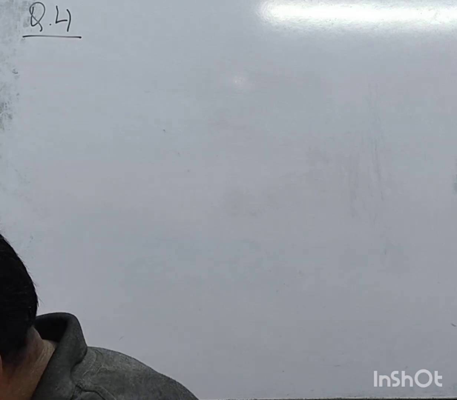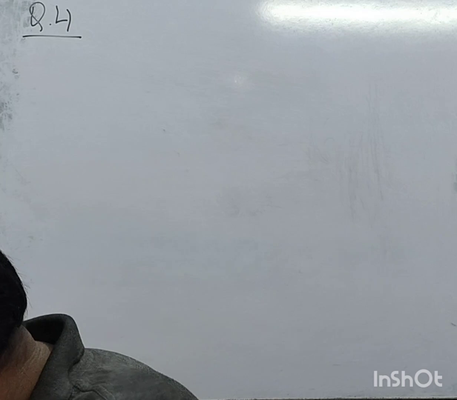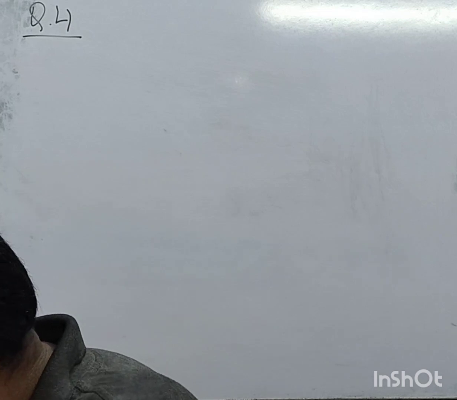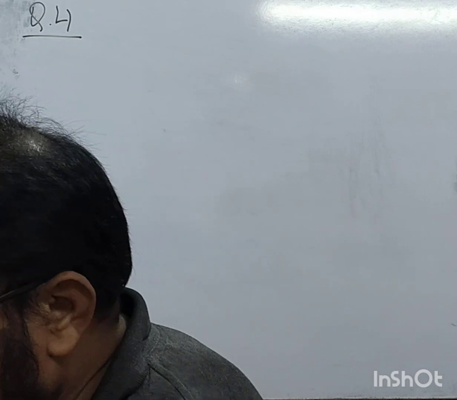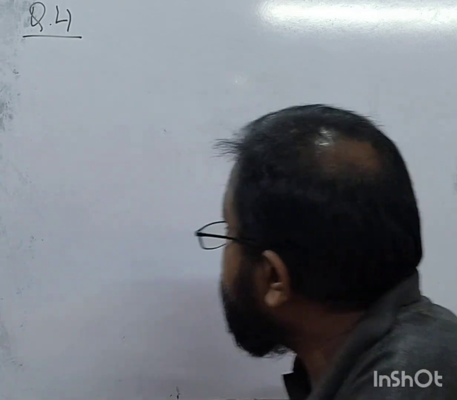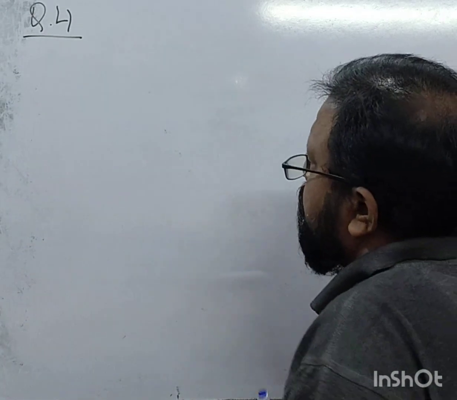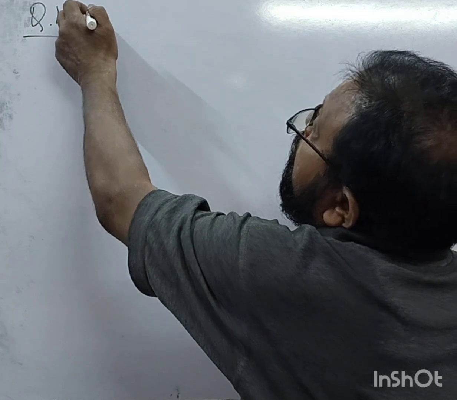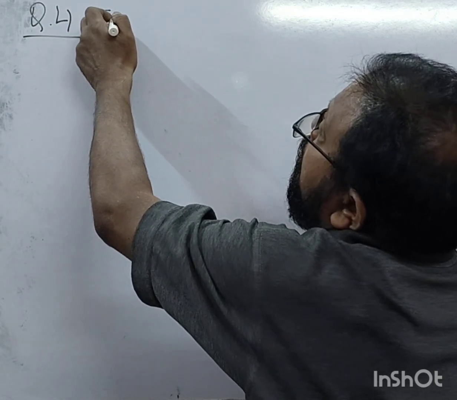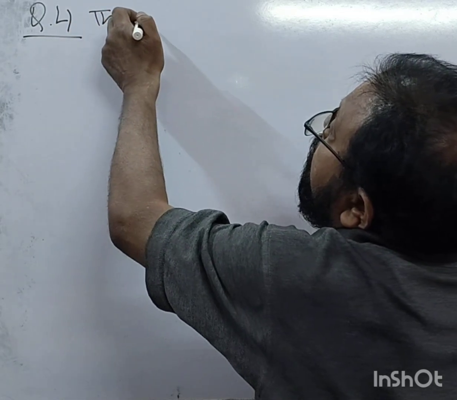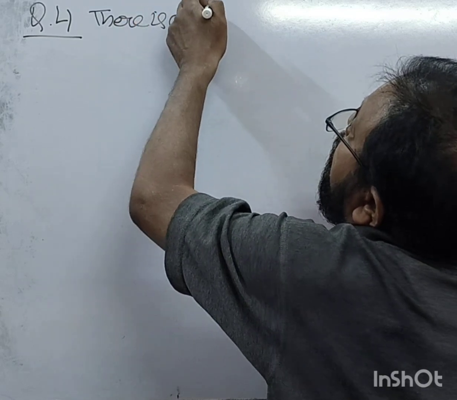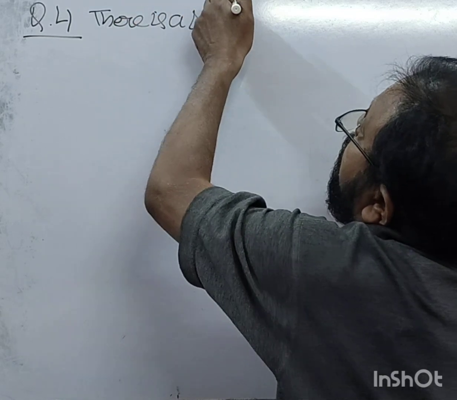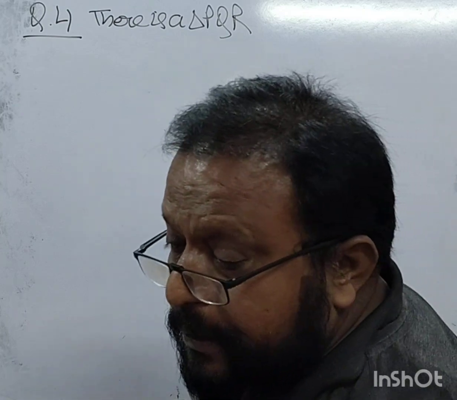A and B are respectively points on the sides PQ and PR of a triangle PQR. Okay. So there is a triangle PQR, right?